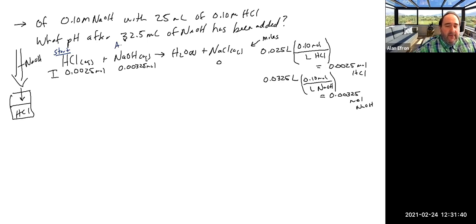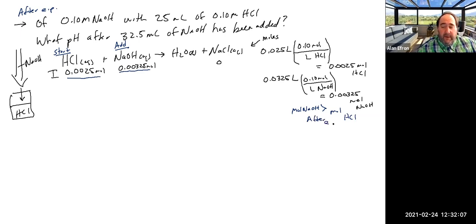We added our sodium hydroxide, and doing just a quick comparison of these two things, I know that I am after the equivalence point. The reason is my moles of sodium hydroxide is greater than my moles of HCl. That would only occur in this case after the equivalence point, because as we've been talking about, at the equivalence point, those should be equal.